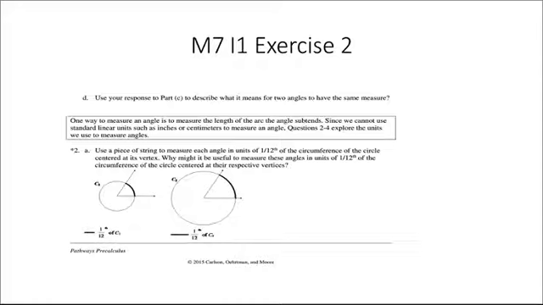Okay, so part B of this question is, could we use the measures of the 2 angles from part A by measuring the length of the arcs these angles subtend in a standard linear unit like inches or centimeters, is what they ask us in part B.